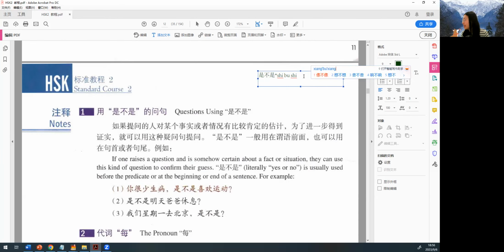This is number 2. Here, let me write down the pinyin. 想不想. So this 想 means want. Do you want it or you don't want it? Do you want a coffee or you don't want it?